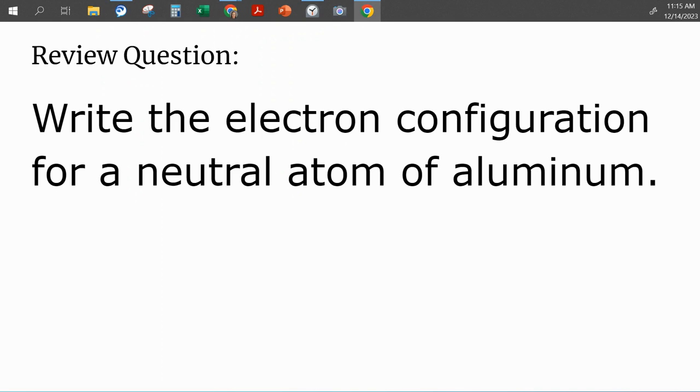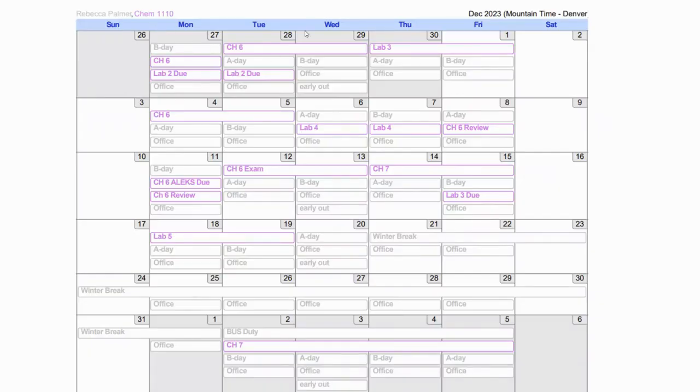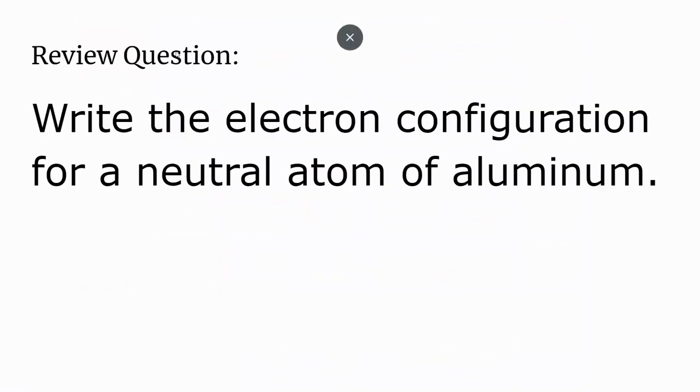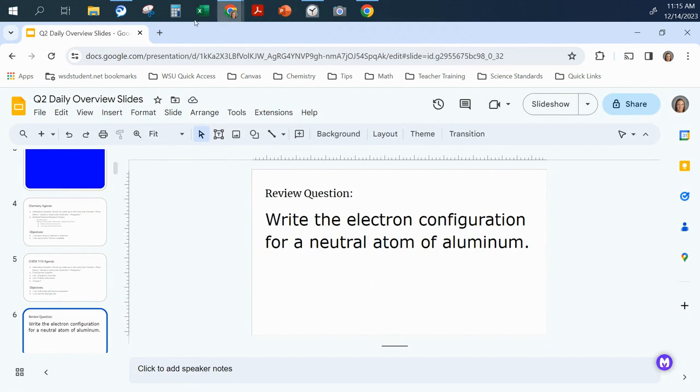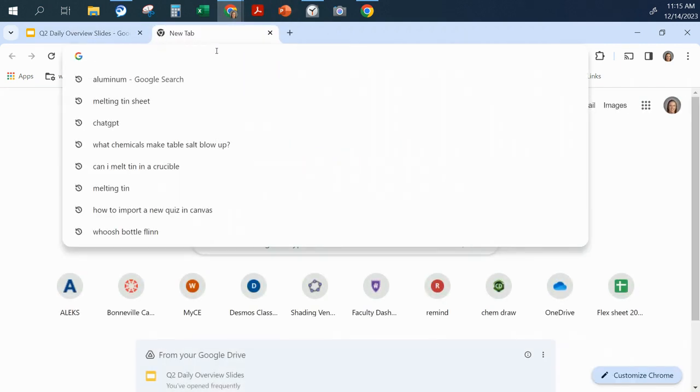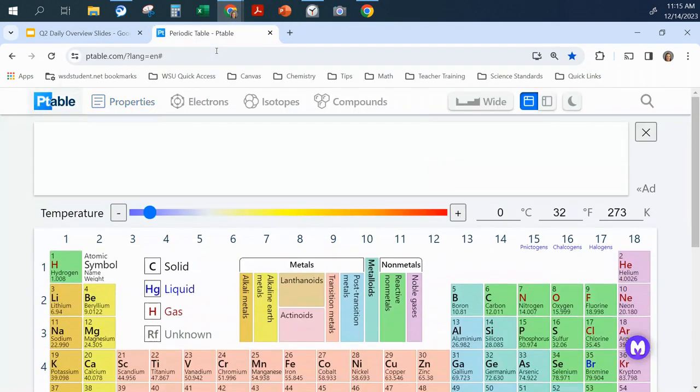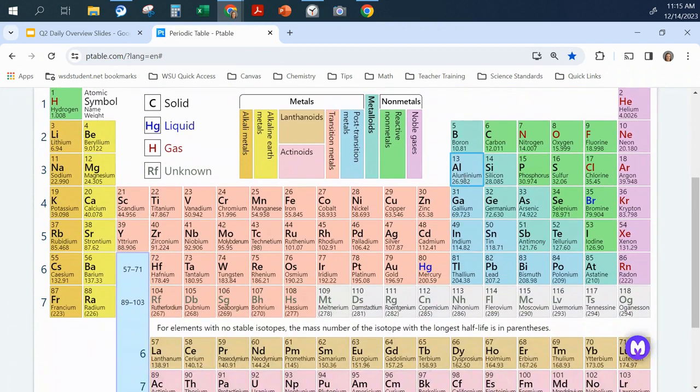Okay, good. So if you use your periodic table, let's pull up a periodic table. The shape of our periodic table can help us. Okay, so aluminum is right here.